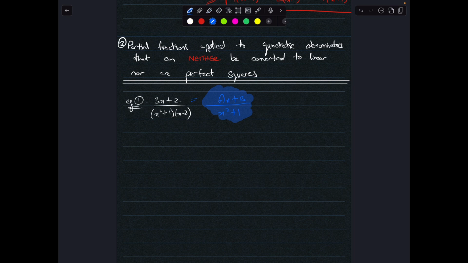Alright. And finally we come to x minus 2. And this will be written as it is, since it's linear. And with this, I have 3x plus 2 is equals to ax plus b into x minus 2 plus c into x square plus 1.